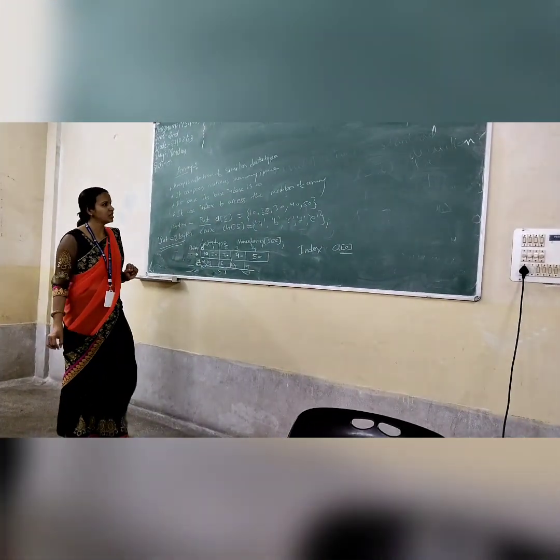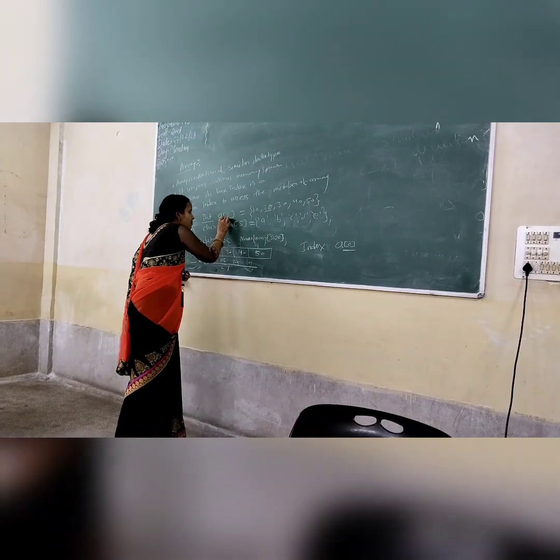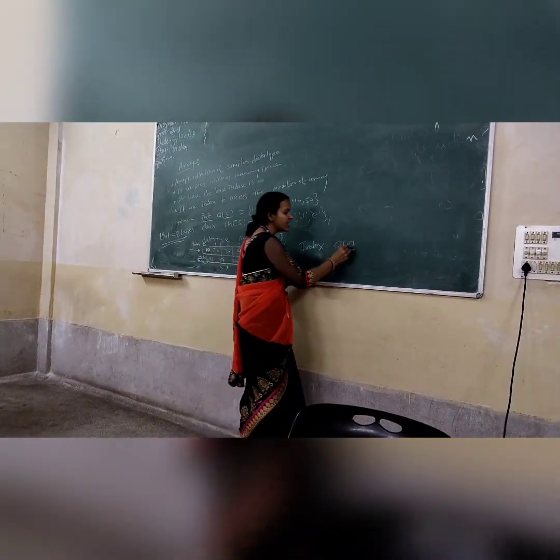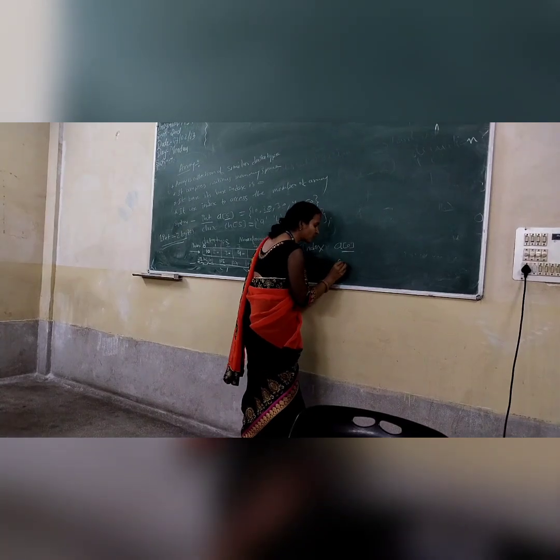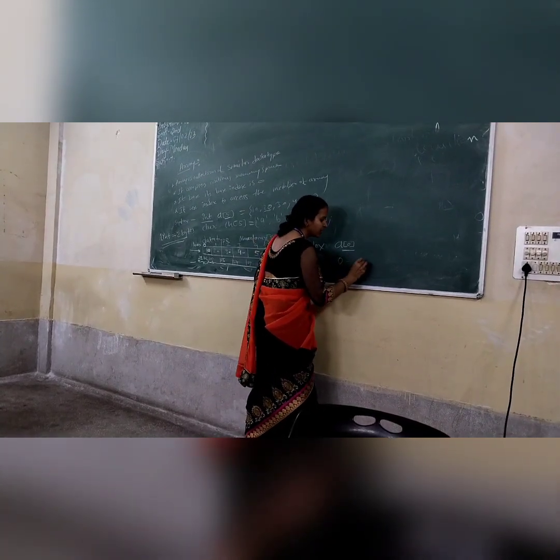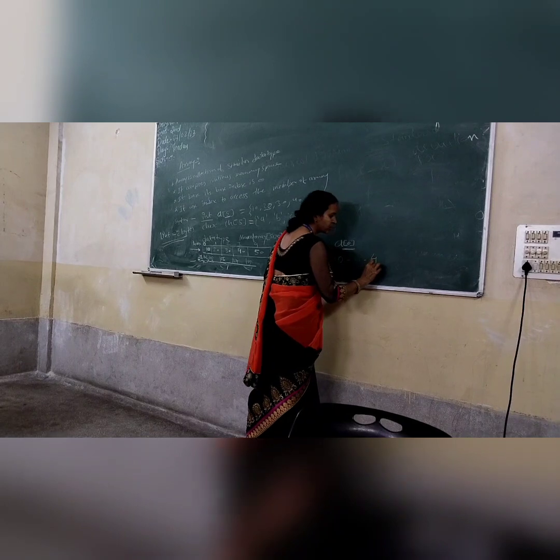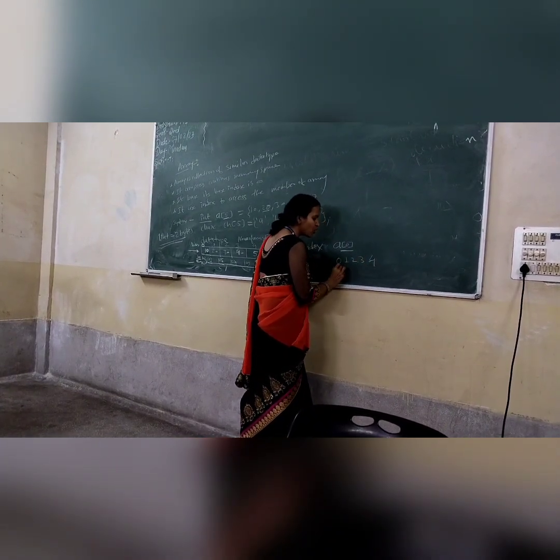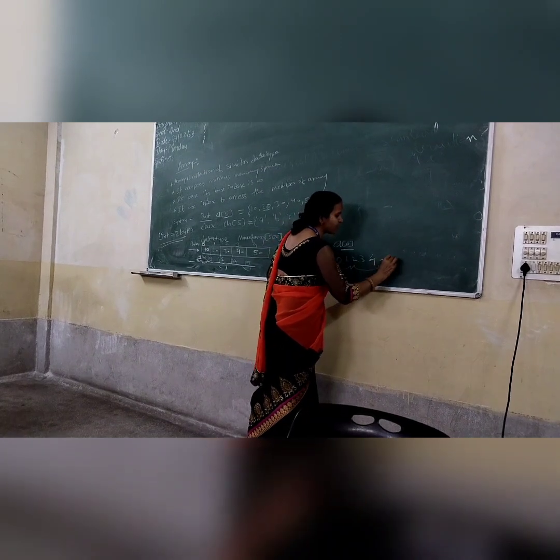That means if we have 5 elements in an array, the index starts from 0 and ends with 4. That means 0, 1, 2, 3, 4. Total 5 elements.